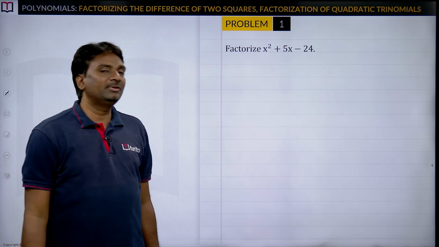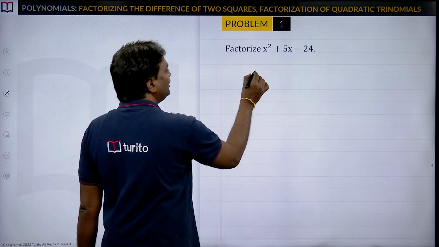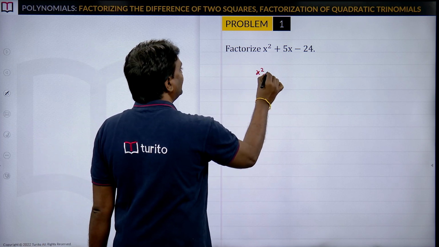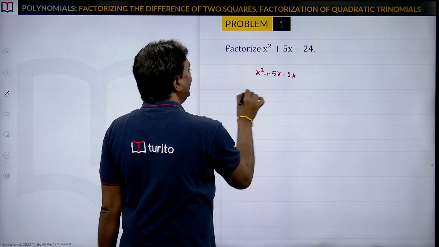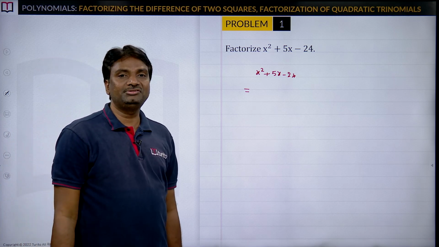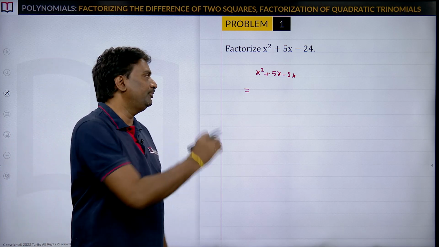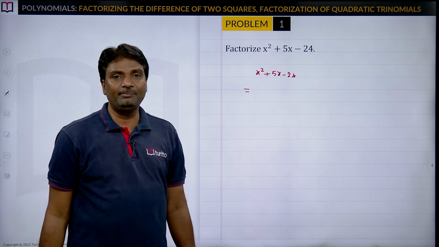Factorize x square plus 5x minus 24. So, this is the given polynomial, x square plus 5x minus 24. Here, if you compare with x square plus bx plus c, minus 24 is there in place of c.